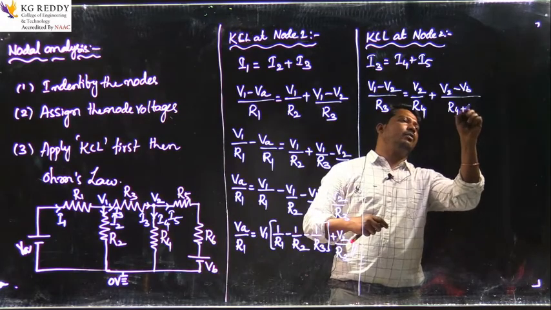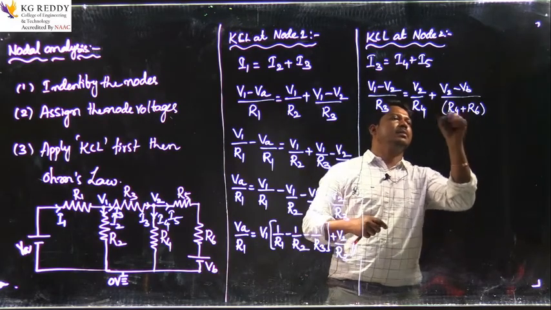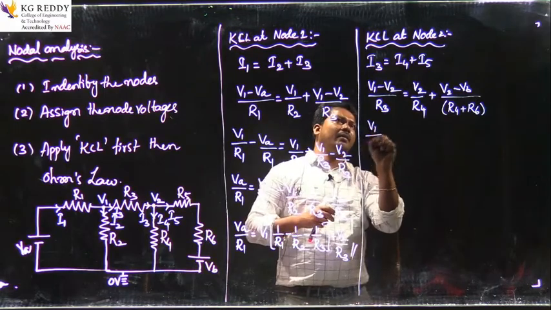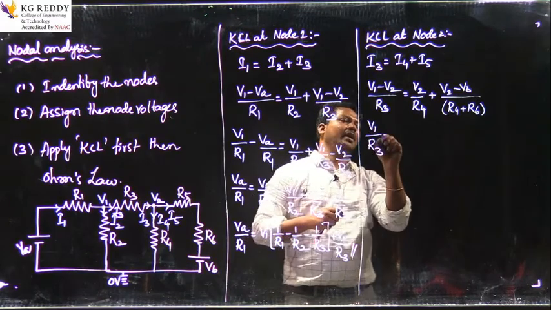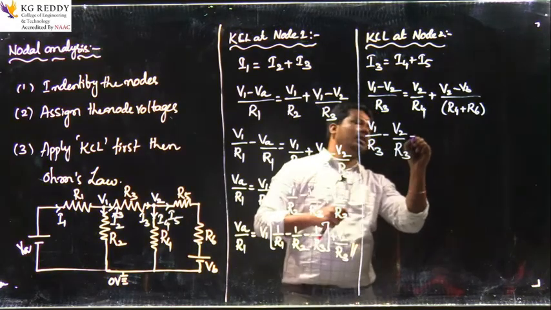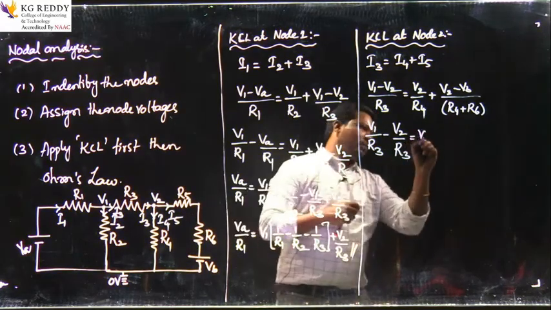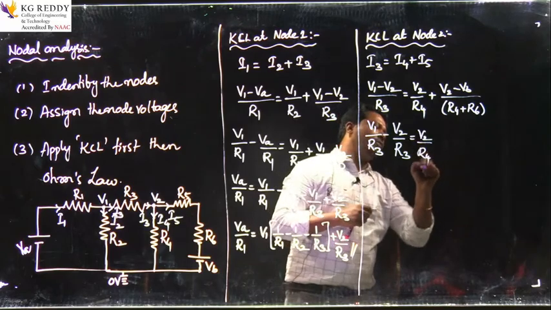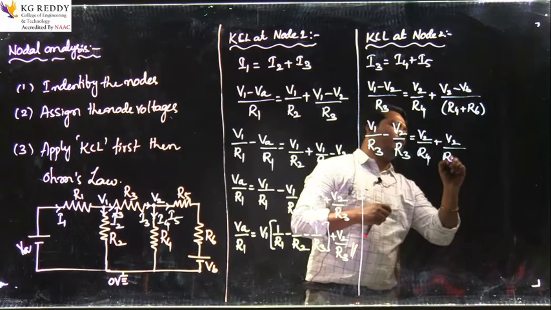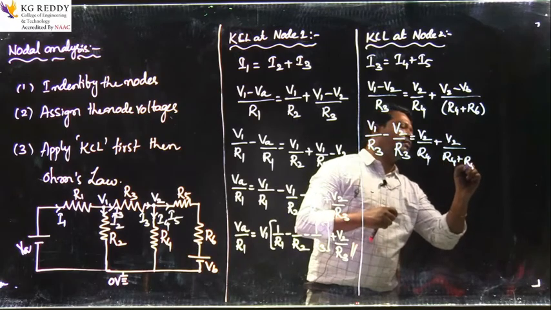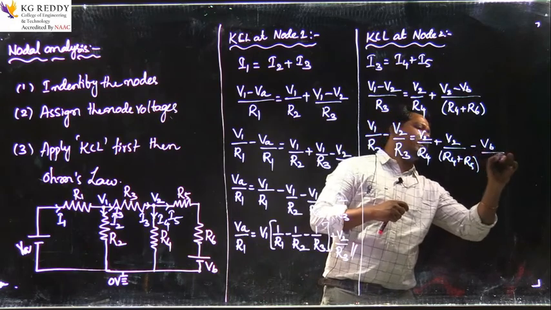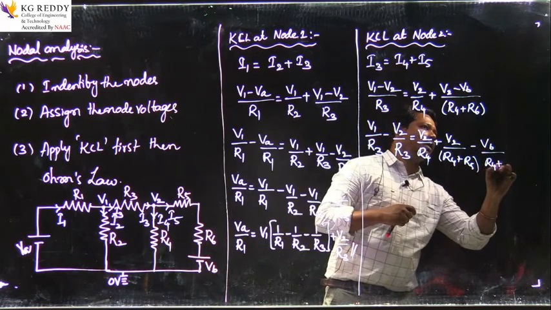Now I will write V1 by R3 minus V2 by R3 equals V2 by R4 plus V2 by (R5 plus R6) minus VB by (R5 plus R6).